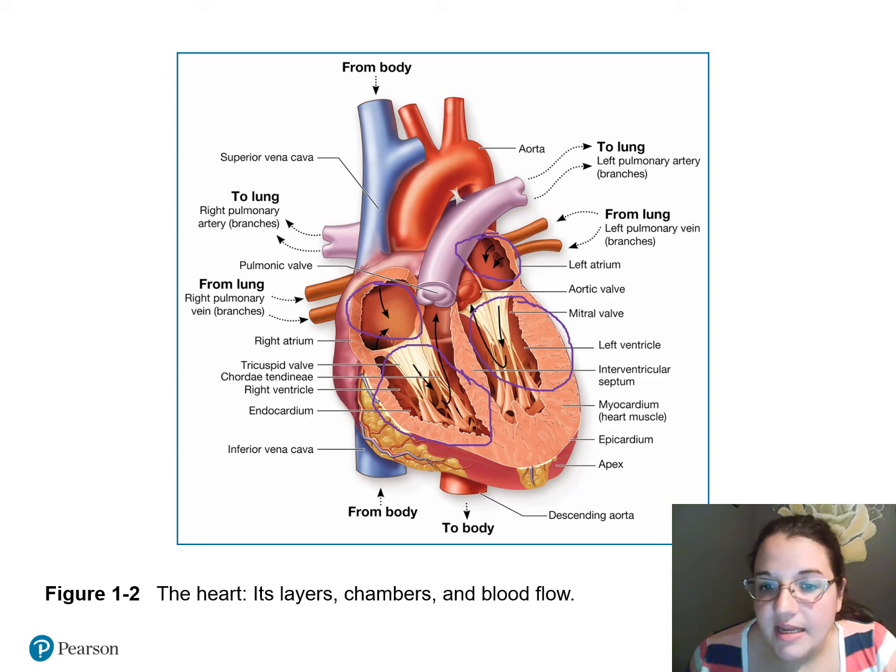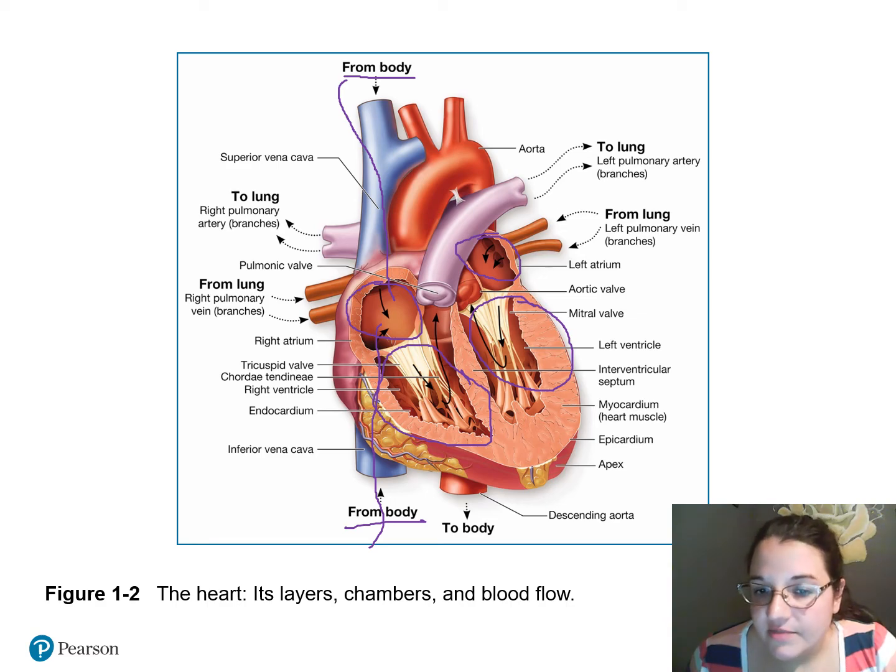So when blood enters from the body right here, it is deoxygenated, and it's going to enter from my veins. And from the bottom of the body, same thing. Deoxygenated means no oxygen, and it's going to enter from my veins.